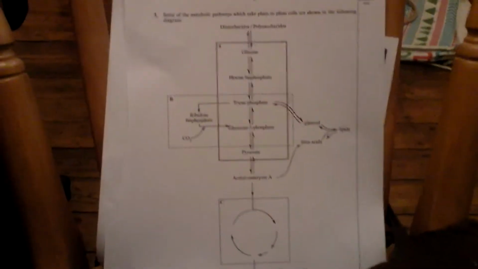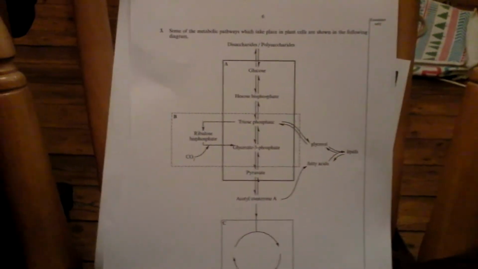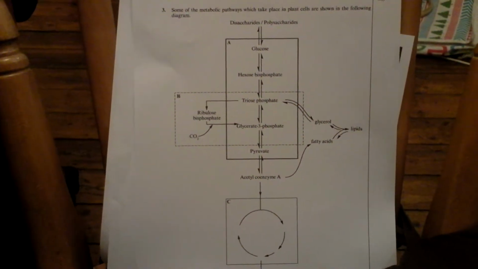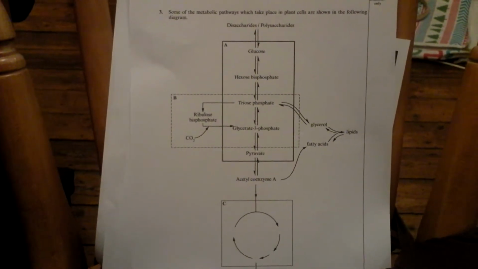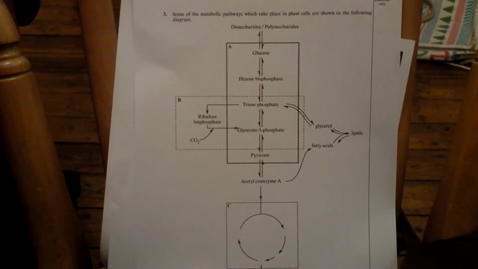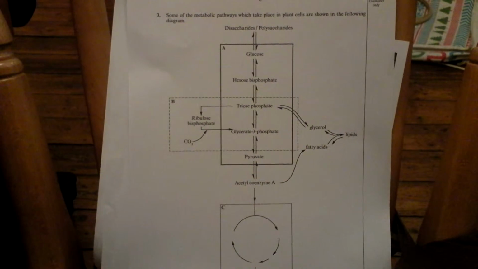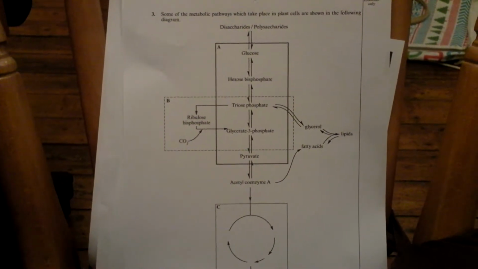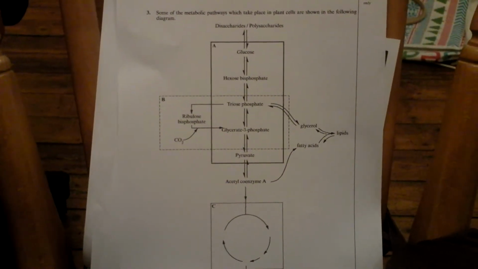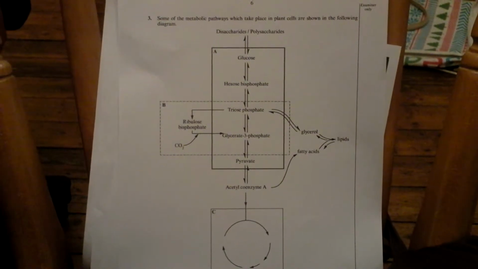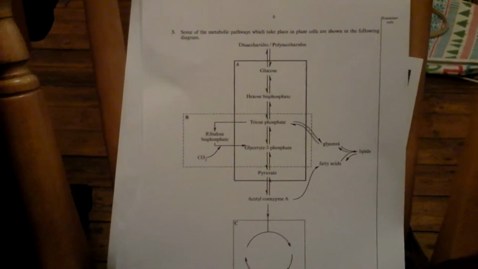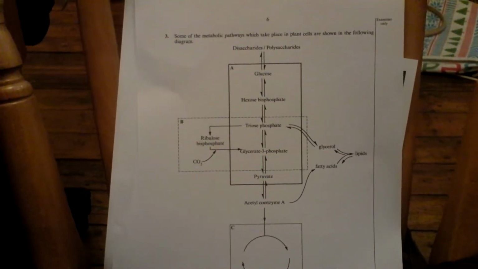Anyway, we've got a metabolic pathway going on, or a series of metabolic pathways. The first thing to realise is, oh hang on, we've got all sorts going on here. A, B and C. We've got all sorts of different pathways, all appearing to be going on all at once. Oh dear.